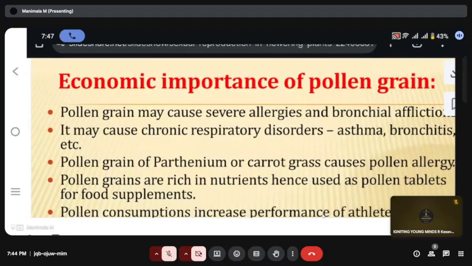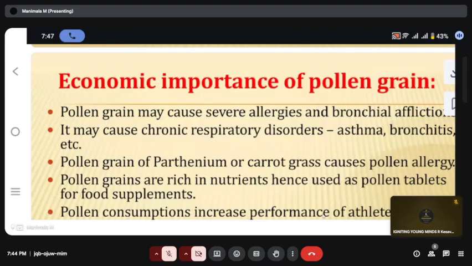Okay. Especially in which plants do the pollen grains cause allergy? Two plants are there. What are the two plants whose pollen grains cause allergy to us? Parthenium and carrot grass.